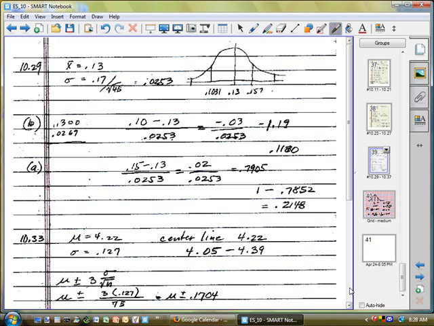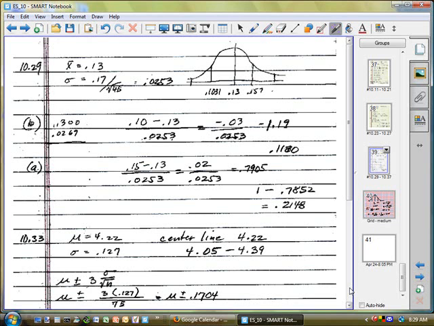According to this, 85% has a z-score of 1.035. I don't know why I have 0.7905. Because would you just find 0.79, whatever, and subtract from 1? Would you just find that inside the table? 0.79?